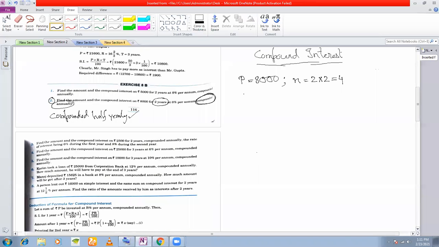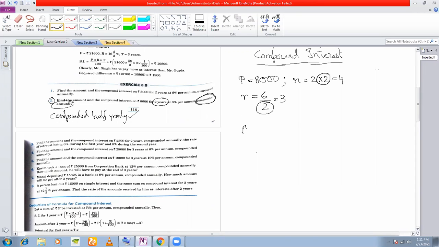And how much is the rate given here? The rate is given as 6%. But because we are dividing the year into two equal halves, we will also divide the rate by 2. So we are multiplying the time by 2 and dividing the rate by 2. Understood?